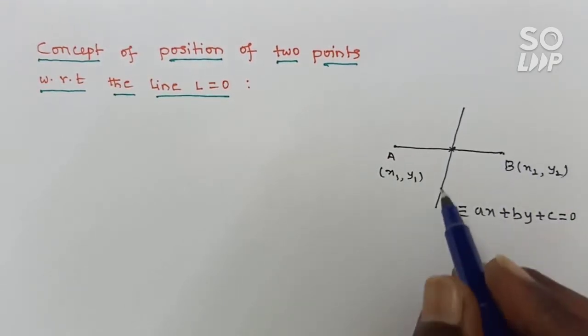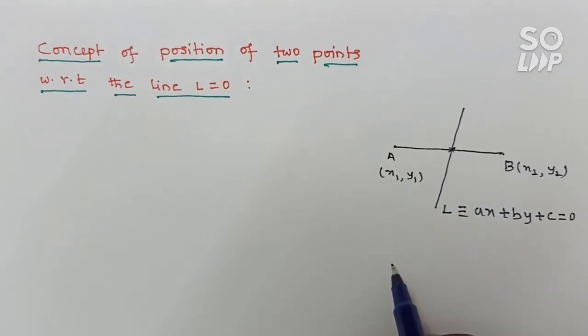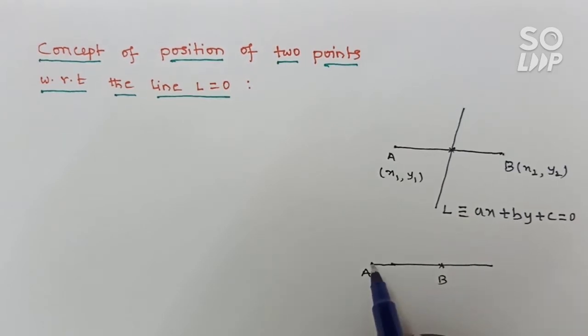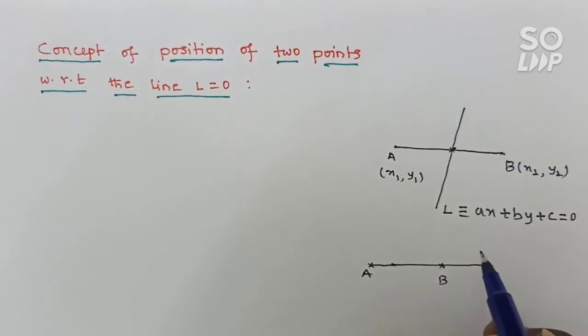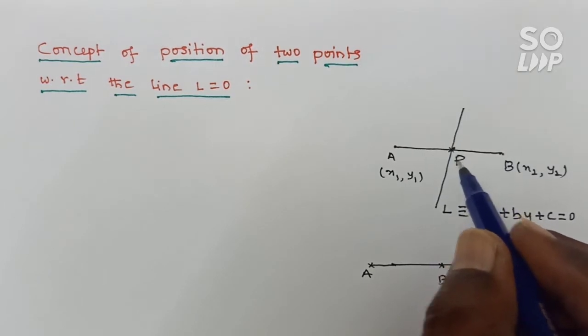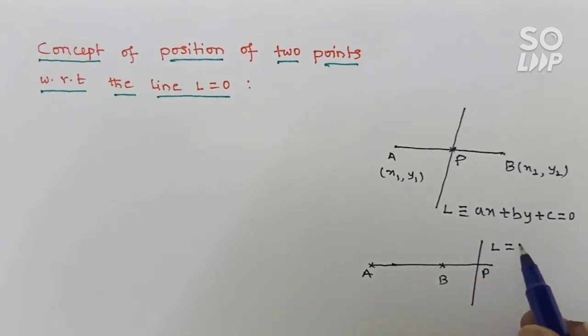Suppose this line divides AB externally, this is the A point and this is the B point. If the line divides AB externally, then these 2 points will lie on the same side of the line L equals 0.